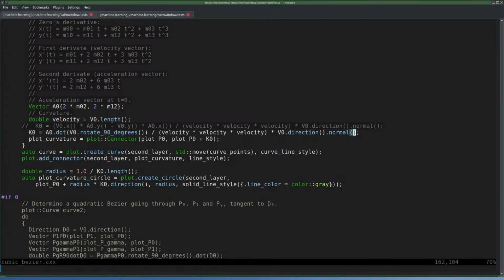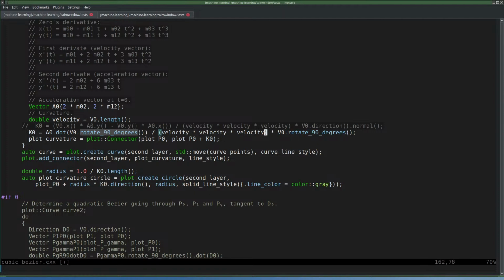So if instead multiplying this with the normal of V0 without taking the direction first, and then I don't have the normal, but that would be the same as here. Rotate 90 degrees. Now we get something that is longer. I still have to divide this by the length of the velocity.